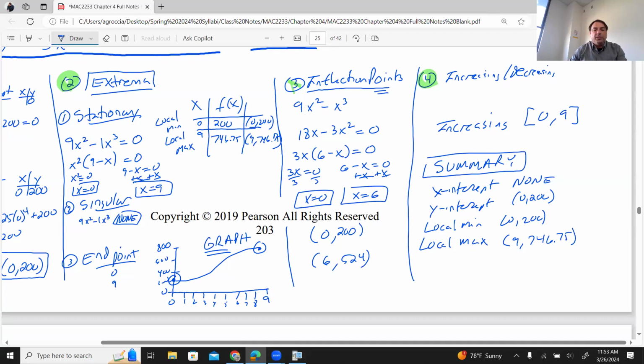And we found 2 inflection points at 0, 200 and 6, 524. And this graph is increasing from 0 to 9. So in summary, that's everything we found. And that's pretty much everything we've gone over up to this point in chapter 4.